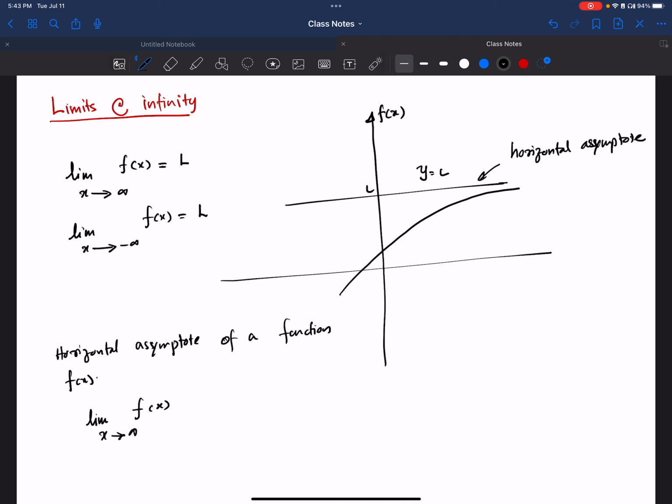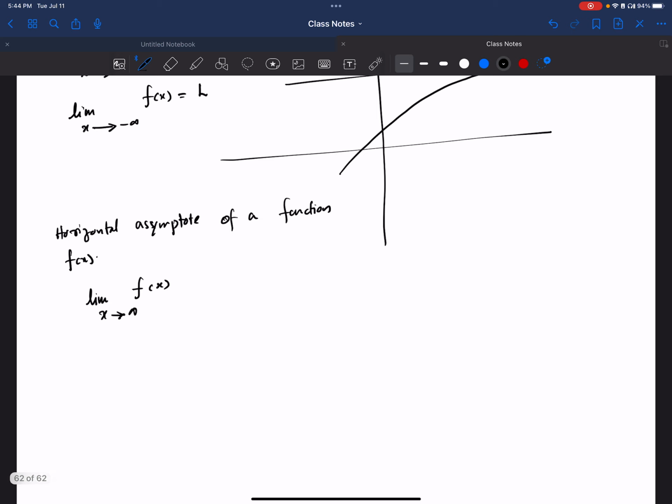For example, take a special function called the exponential function. The limit of the exponential function e to the x as x goes to infinity is infinity, and the limit as x goes to negative infinity of e to the power x goes to 0.